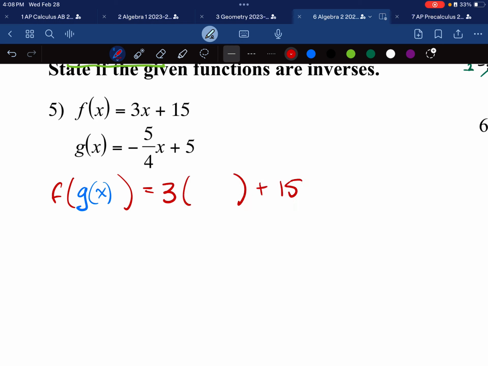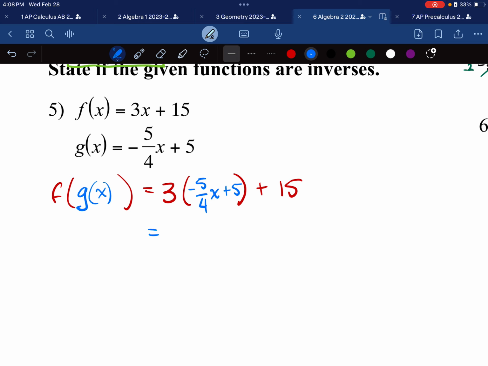All right, our x in this case is g of x, and g of x is negative 5 fourths x plus 5. That's going in here. If this thing evaluates to x, we're done, and the answer is yes.